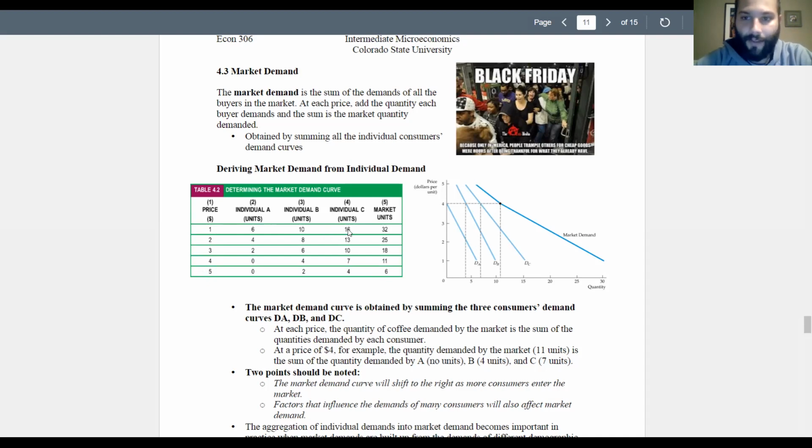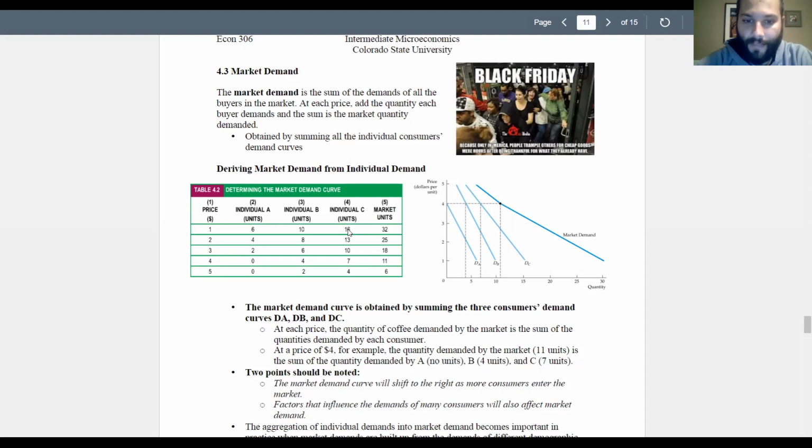So if you have a function like Q, quantity demanded, equals 10 minus P, you plug in any price, and it spits out quantity demanded. We just sum those up for every consumer. So if we had one consumer with quantity demanded equals 10 minus P, and a second consumer with quantity demanded 15 minus P, we just sum those up and we get 25 minus 2P.